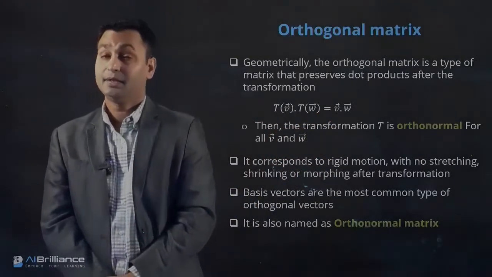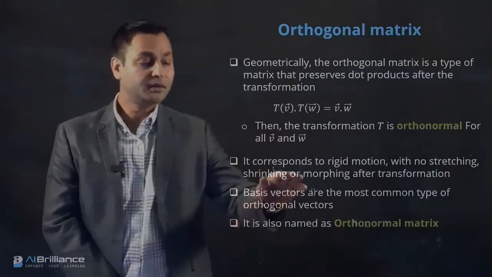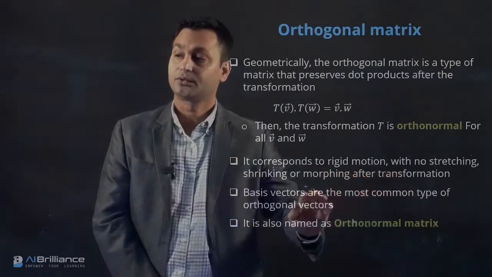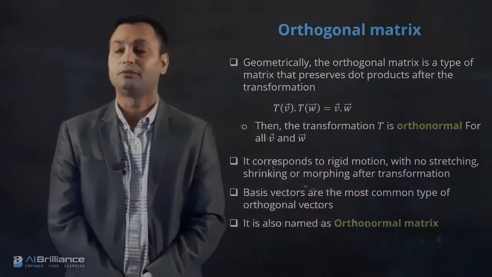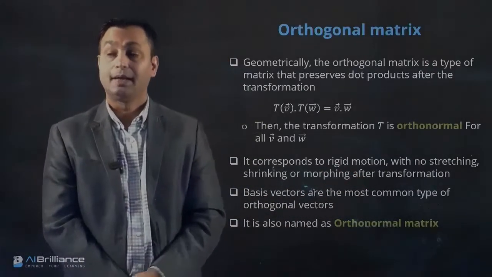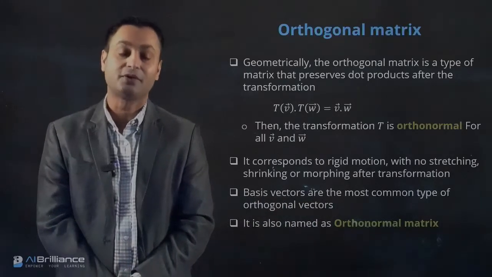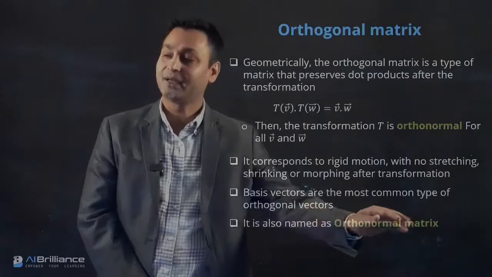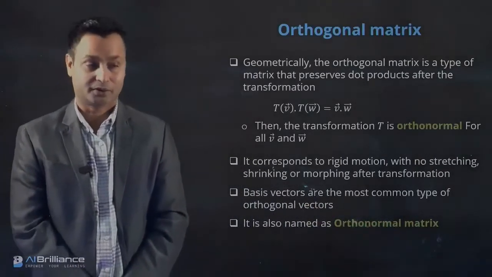Okay, so the transformation T is orthonormal for all V and W. Essentially, the idea geometrically corresponds to all the rigid motion in which there is no stretching, shrinking, or morphing after the transformation. And the basis vectors that you have, for example, the unit vectors i, j, and k, are the most common types of orthogonal vectors that you can use.